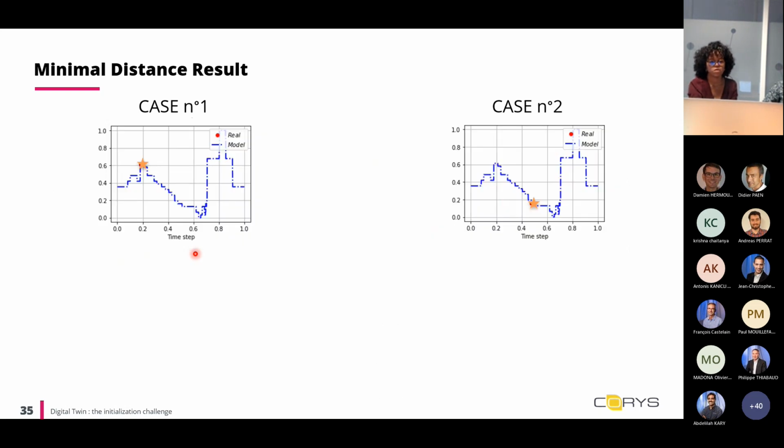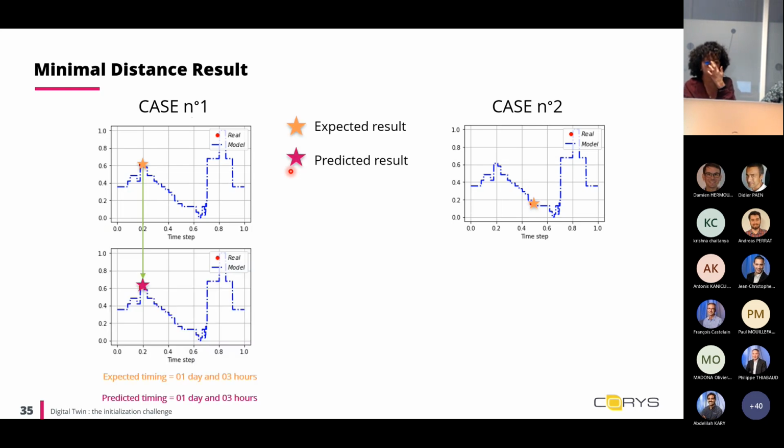So here I'm plotting 1 measurement for each of the validation cases, and the yellow star is the position of the snapshot that we should get as output for each of our validation cases. For the first case, we applied the methodology, and our result was perfect.